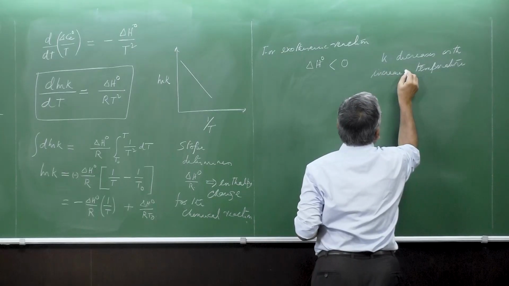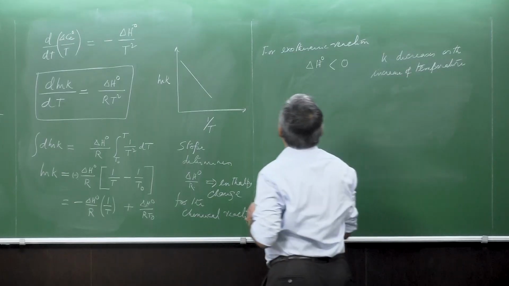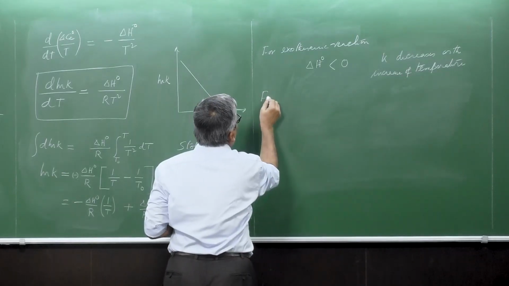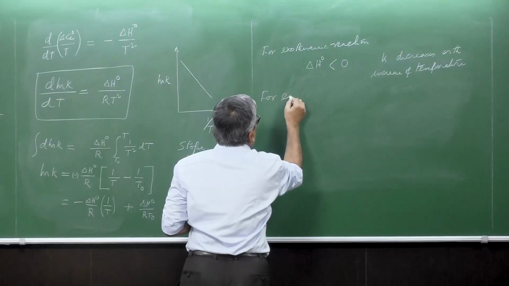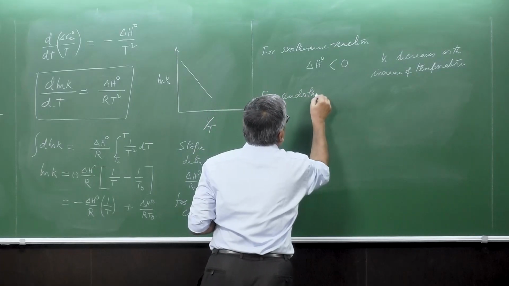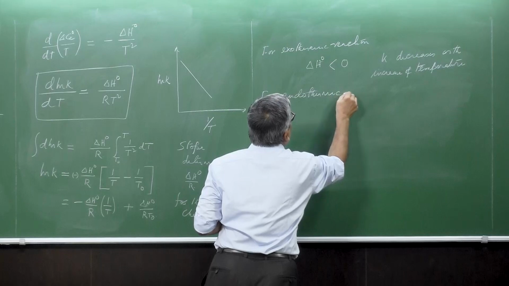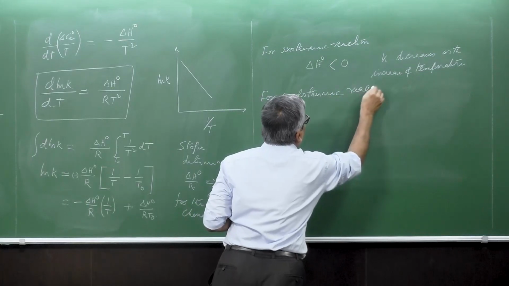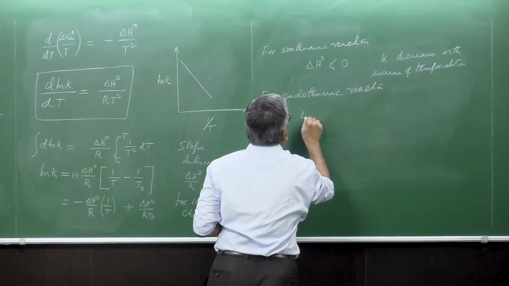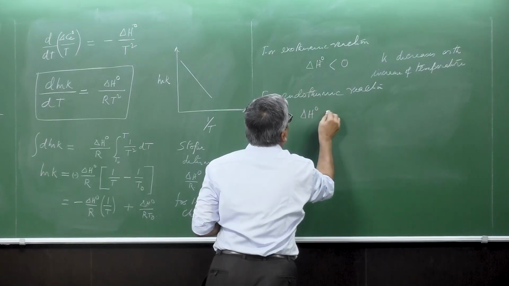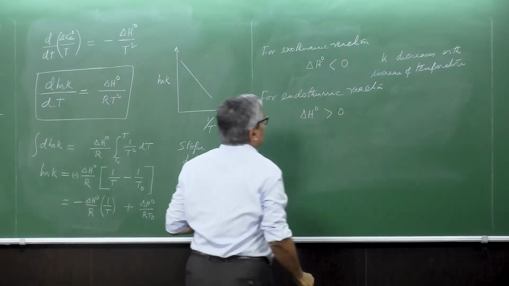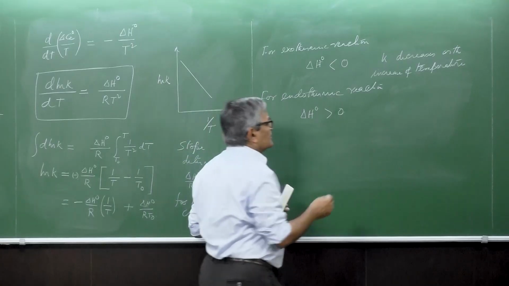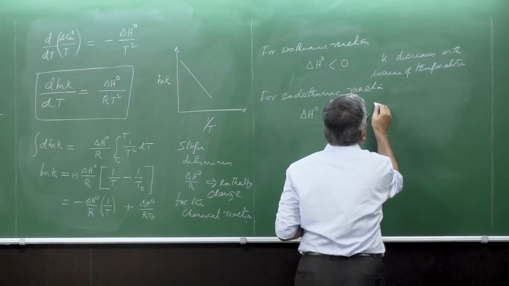On the other hand, for an endothermic reaction, delta H0 is greater than 0, and the conclusion is just opposite.